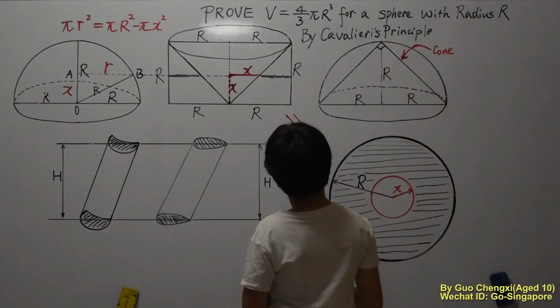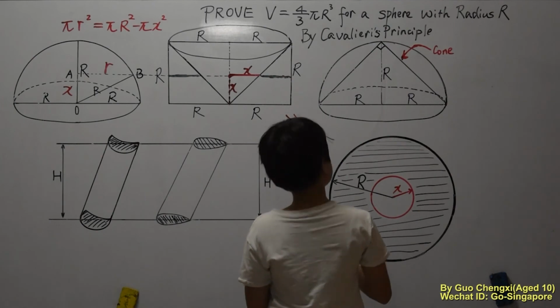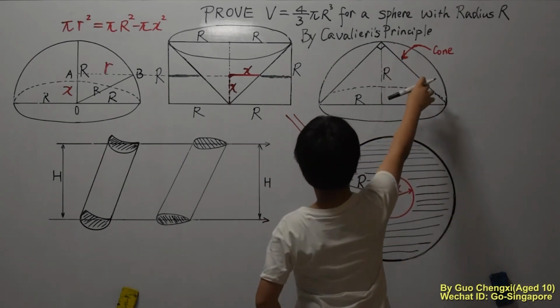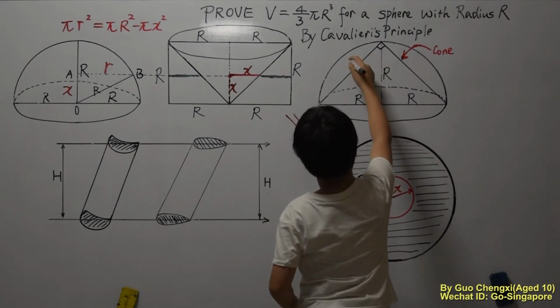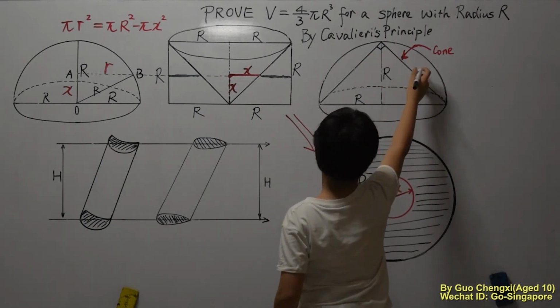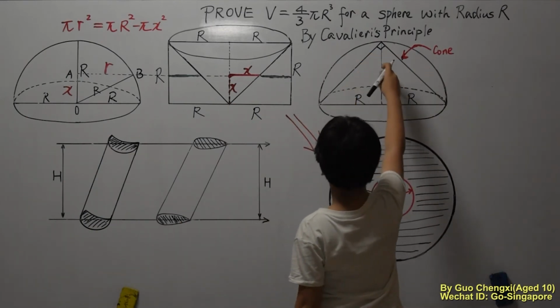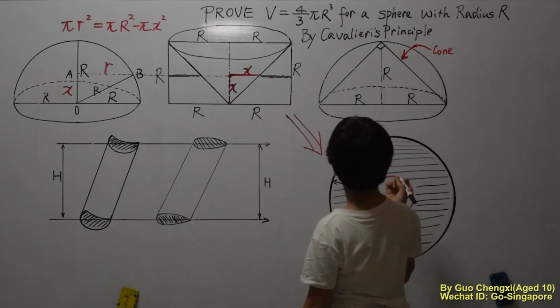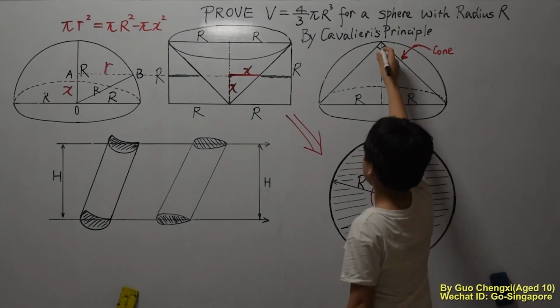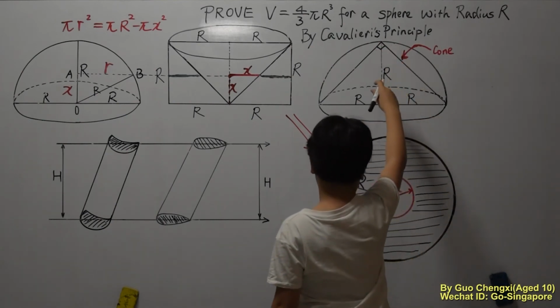And adding to that, these two are actually split from the middle. So these two are the same length. So this is basically an isosceles triangle. But what's so special about this isosceles triangle? This is a right isosceles triangle.